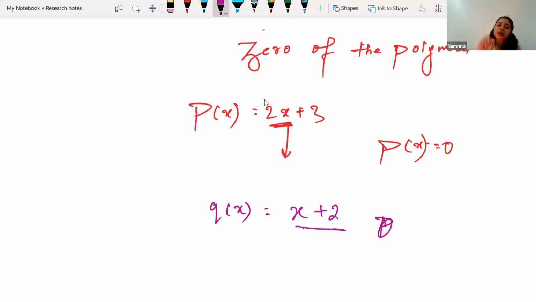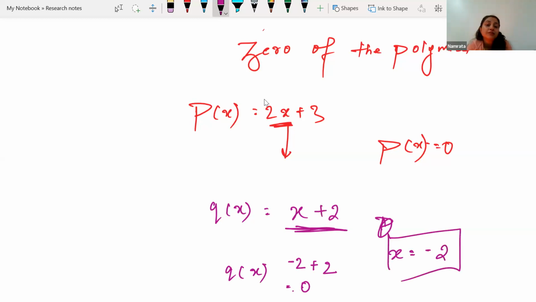So here you can identify clearly that when you take x as minus 2, then and only then qx completely will become 0. So the value of x, that is minus 2, is called the 0 of this polynomial.